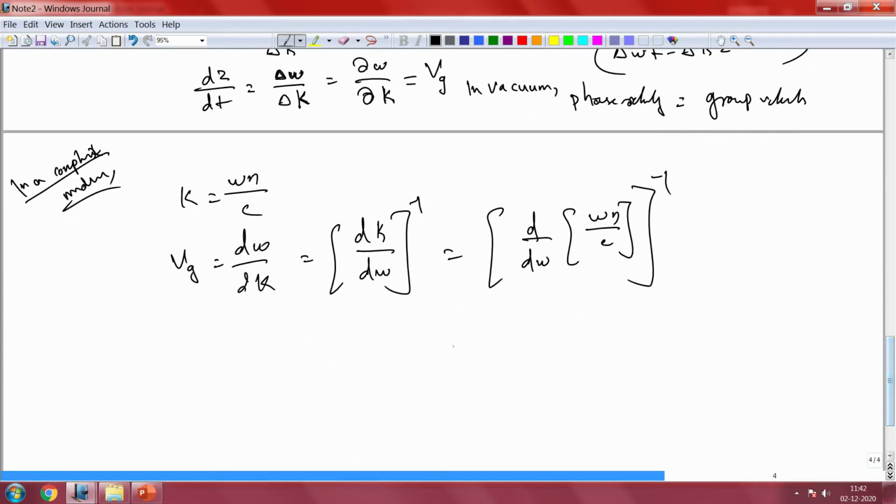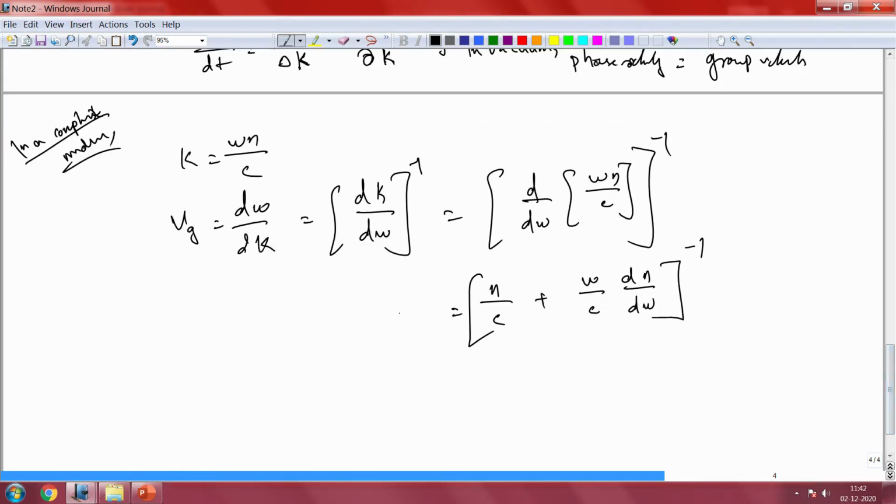If we differentiate this equation, n over c is one term and the next term is omega over c times dn over d omega, minus 1. So this is the group velocity that we see here. If you rearrange this group velocity, you can nicely represent it in this form.